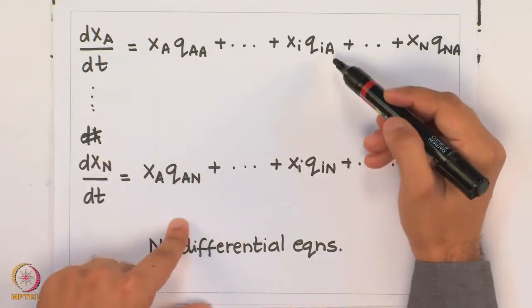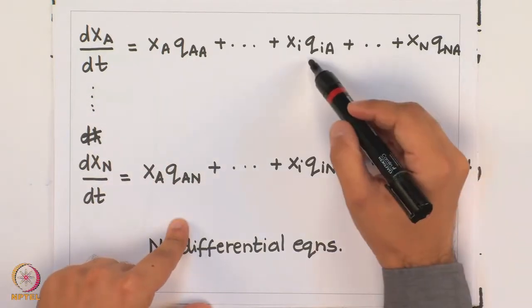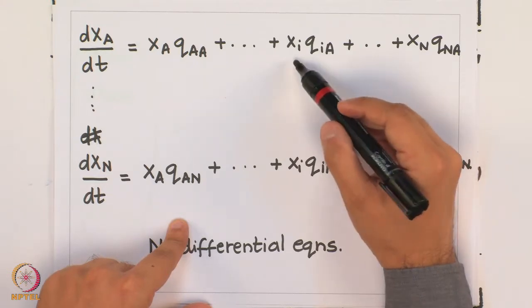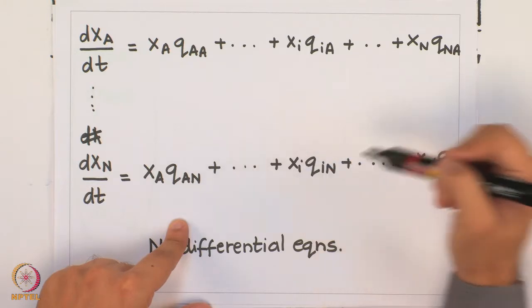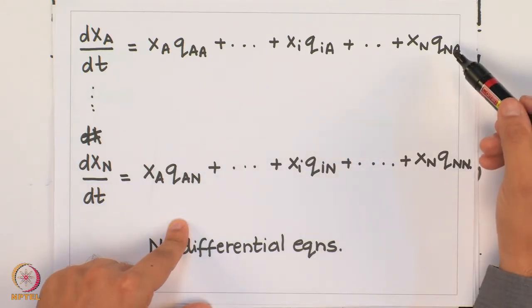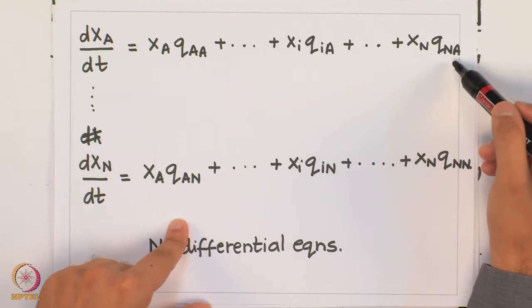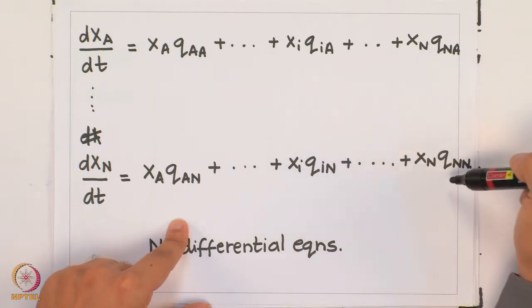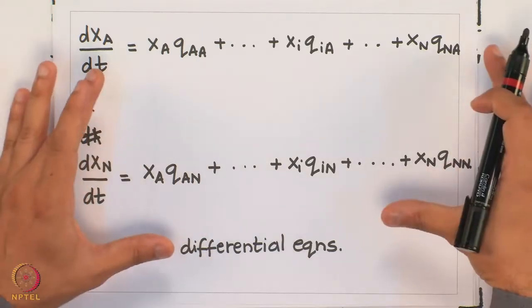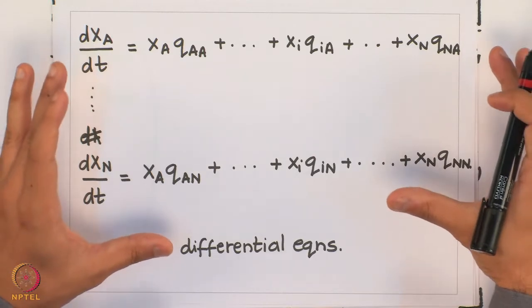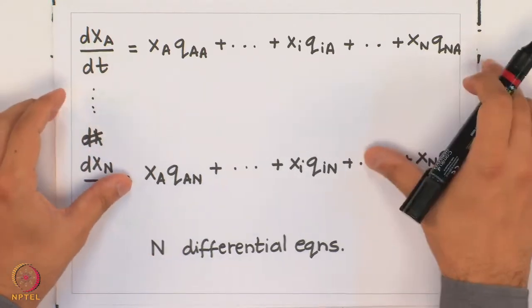For the ith entry of every equation, I have a factor multiplying with XI, I have another factor multiplying with XI, and for the last entry for each equation, I have a factor multiplying with XN, and I have another factor which is multiplying with XN. This tells me that this system can be represented as the product of a matrix and a vector.